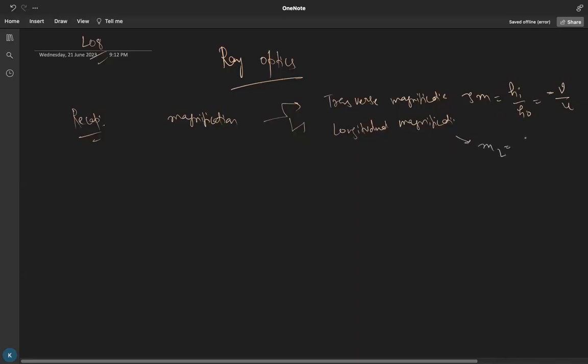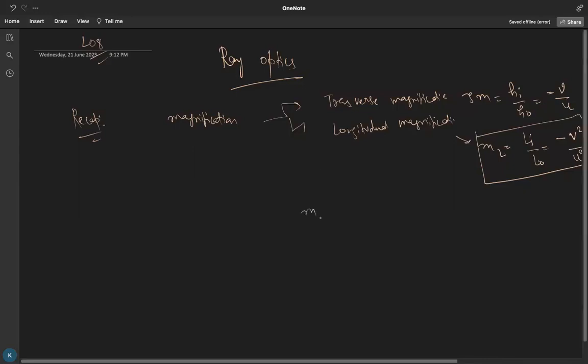So ml is equal to length of image by length of object, and it is equal to minus the square of distance of image from pole divided by the square of distance of object from pole, right?